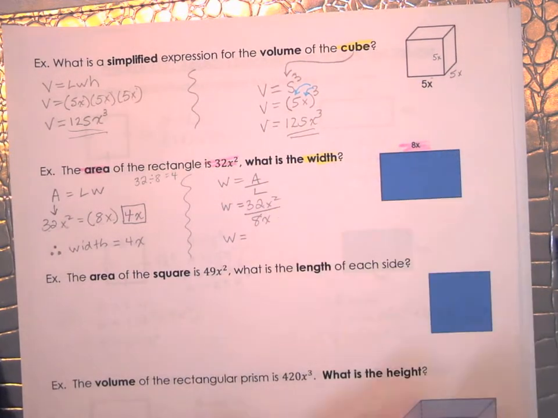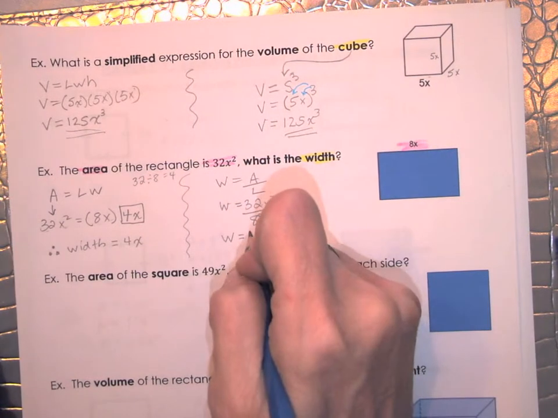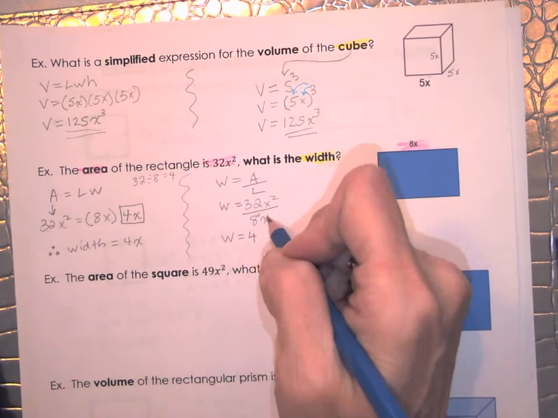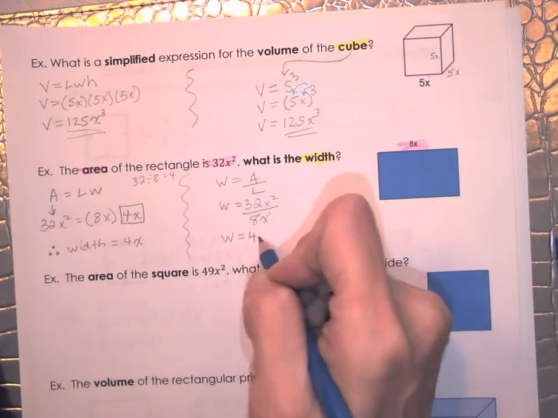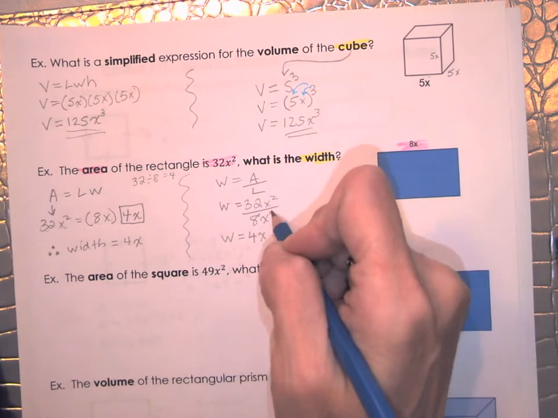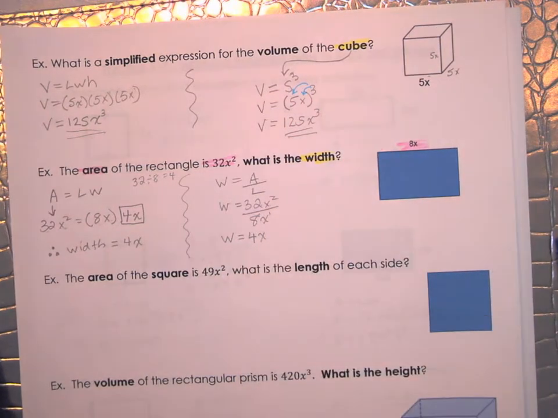So we divide the coefficients. 32 divided by 8 is 4, and then x squared divided by x. So we keep the base x and subtract the exponents. 2 minus 1 is 1. So I showed it in 2 different ways. One may connect more with you than another. Okay? Either way is fine as long as you can explain your thinking.